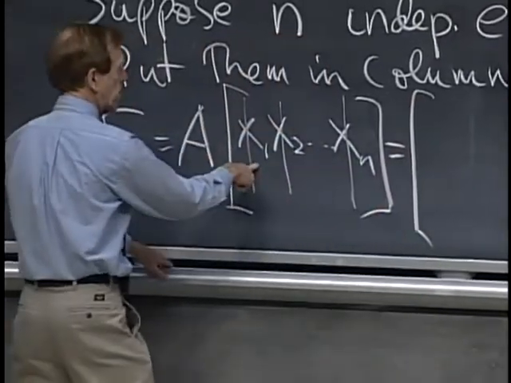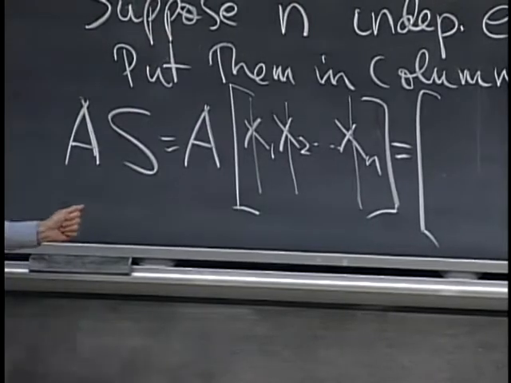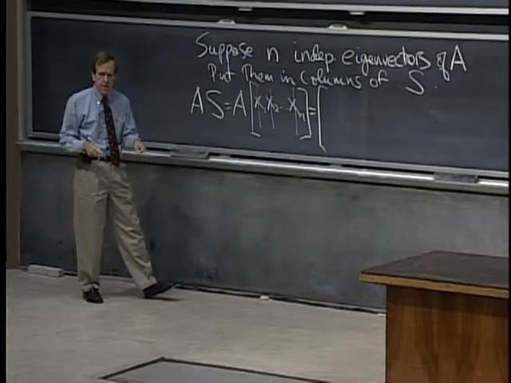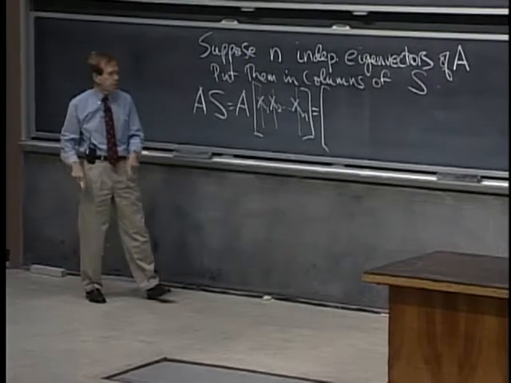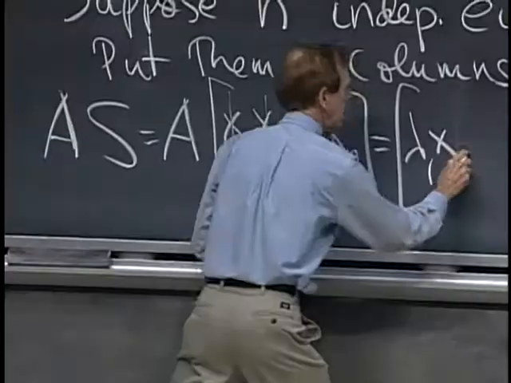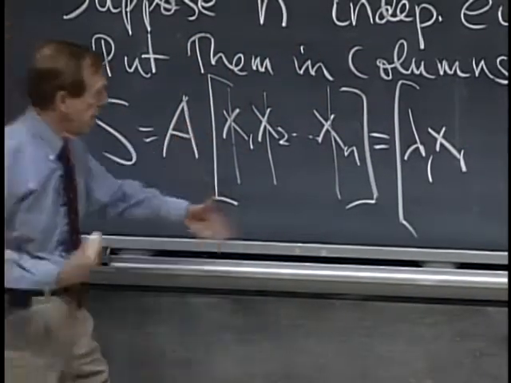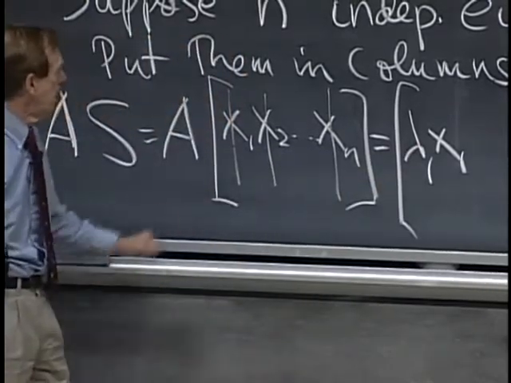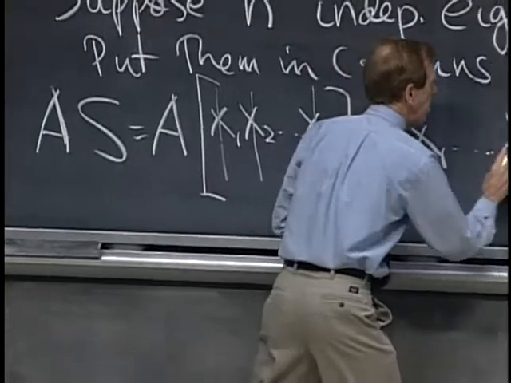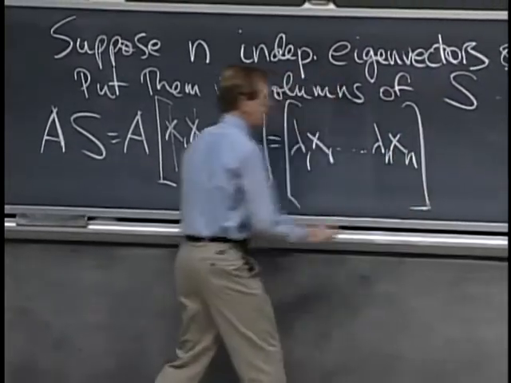A times the first column gives me the first column of the answer, but what is it? That's an eigenvector. A times x1 is equal to lambda times x1. And that lambda we'll call lambda 1, of course. So that's the first column. A x1 is the same as lambda 1 x1. A x2 is lambda 2 x2. So on along to, in the nth column, we now have lambda n xn.